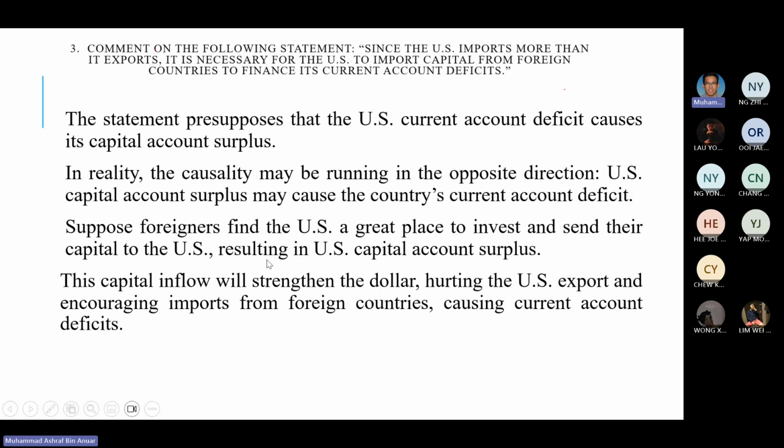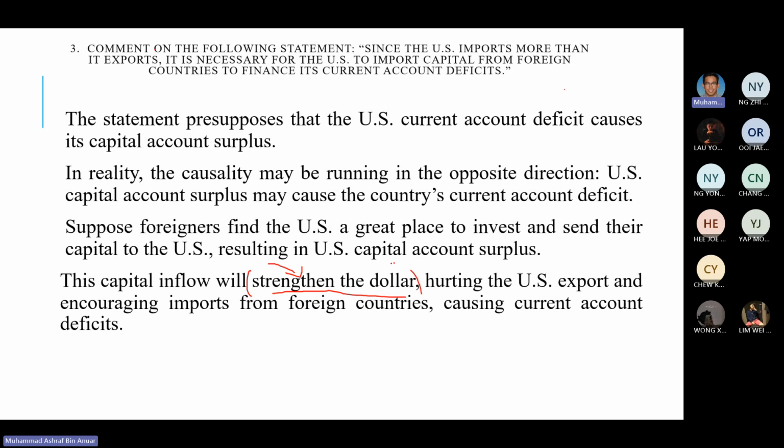So when there are a lot of investors coming in, the capital inflow will strengthen the dollar. So why did our ringgit depreciate so much? Because the dollar is strengthening. People are changing their currencies to dollars, and it will strengthen the dollar, hurting U.S. exports, because people need to pay extra, and encouraging imports from foreign countries.